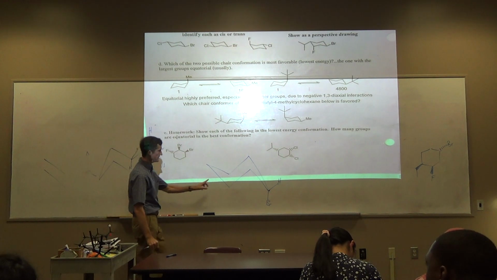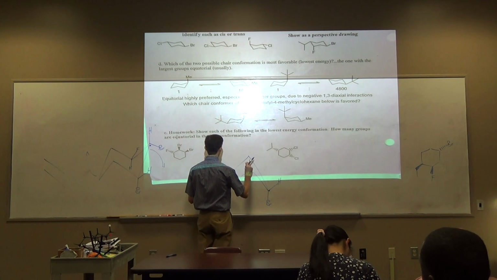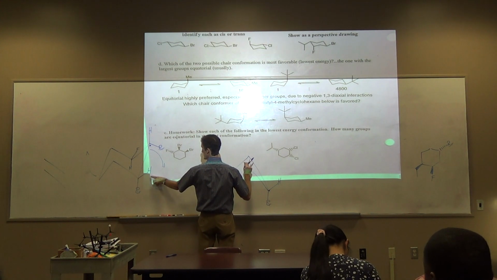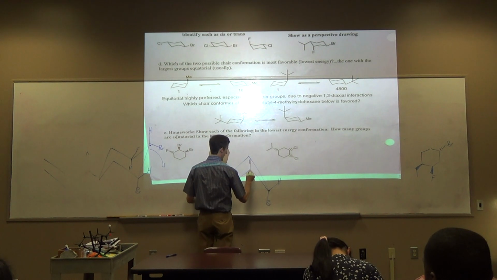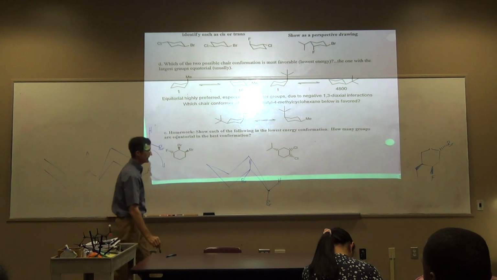Now the other bromine is here. Now that's a straight up bond, and the straight up is going to be H. And then this is like that.